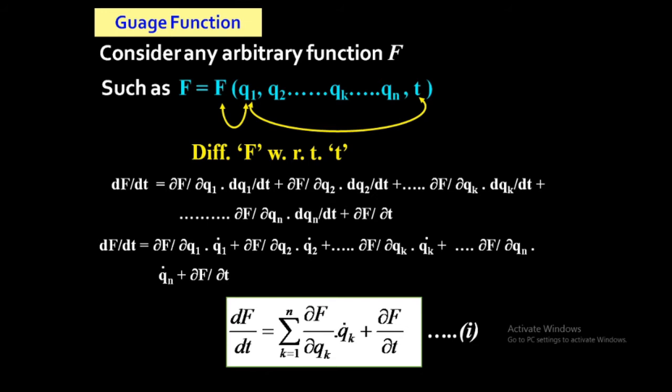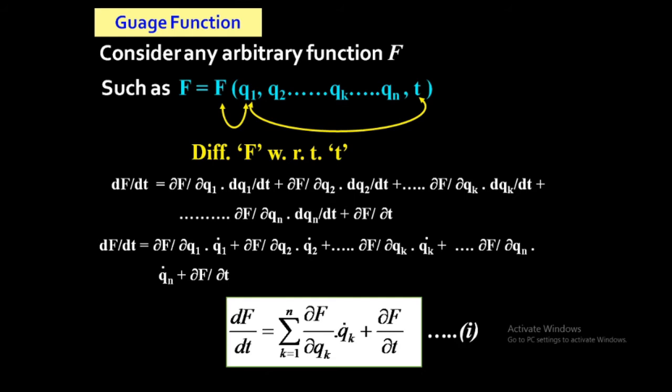L is called the Lagrangian function, and if I add this function to the Lagrangian, then it will become a gauge function. If suppose L is the Lagrangian and I add df by dt to L, it means L plus df by dt, then it will become a gauge function. L is the Lagrangian function.